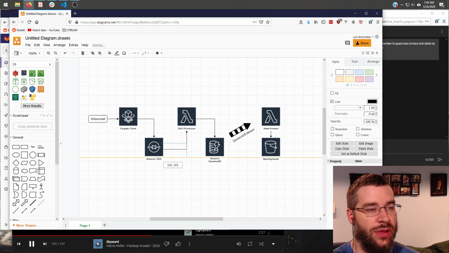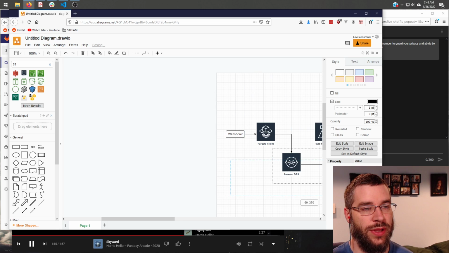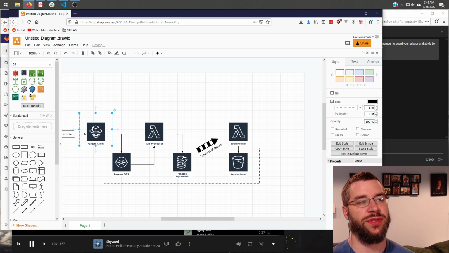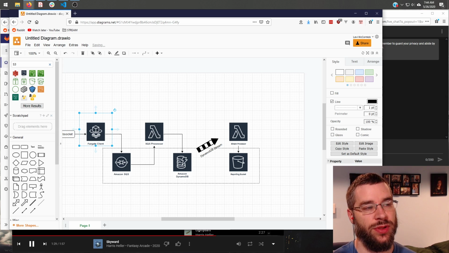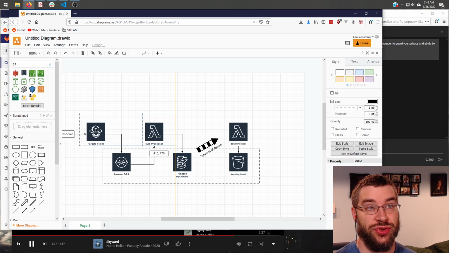So if I were to organize my CloudFormation, I'd probably put that in a stack. Whoa, look at that. Probably put this Fargate container in a stack, because like I said, there's going to be more than just a container in this template. You need an ECS cluster, which sounds daunting, but that's actually just a few lines.